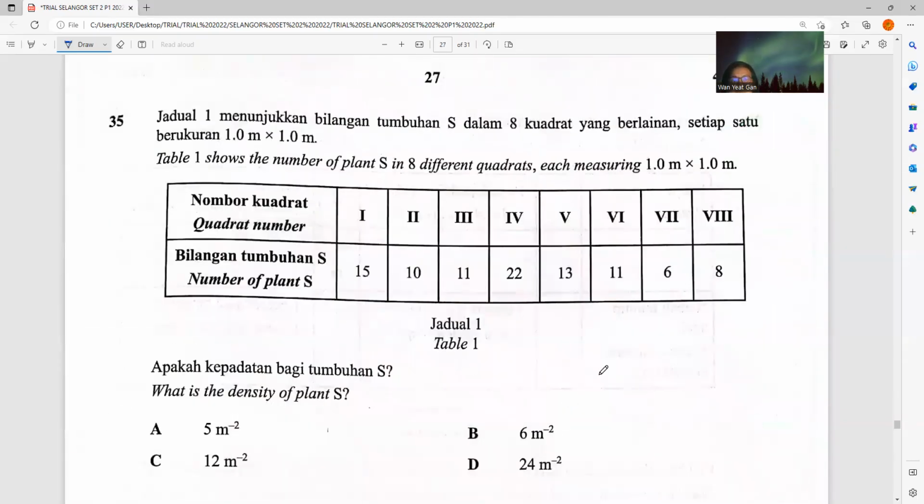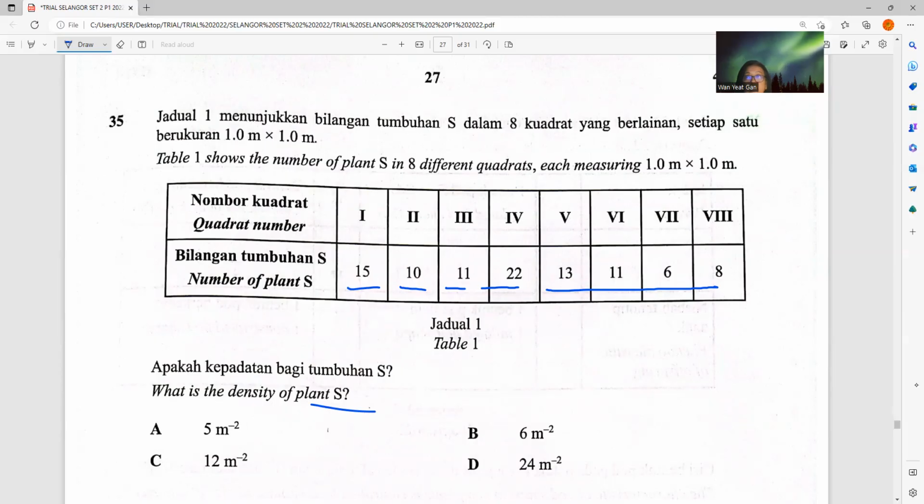Okay, here 35. What is the density of plant S? Okay, so for plant S here, you have to add up all the number of plants in all the quadrats. Okay, let's add it up. 10 plus 10 plus 11 plus 22 plus 13 plus 11 plus 6 plus 8.